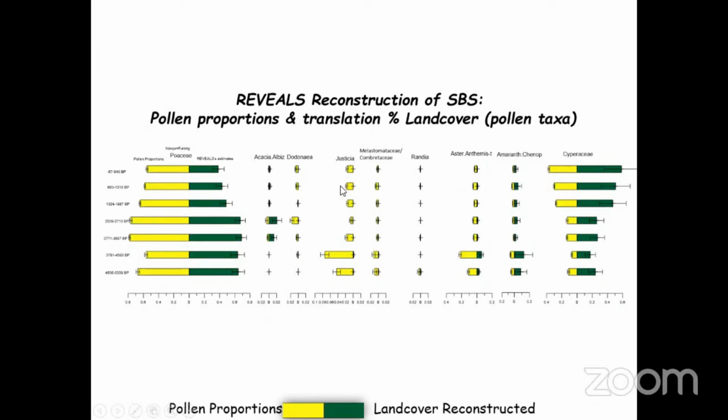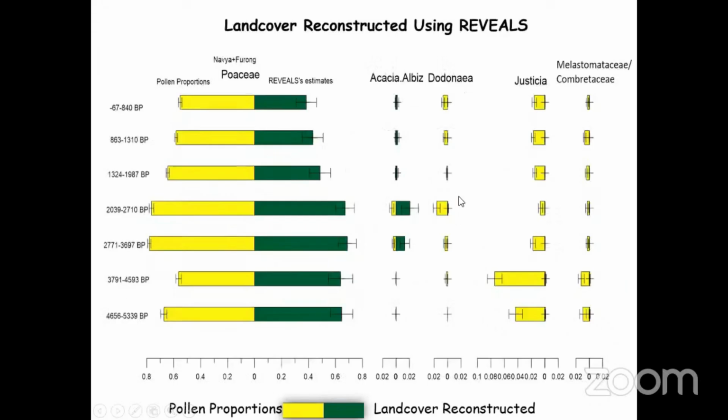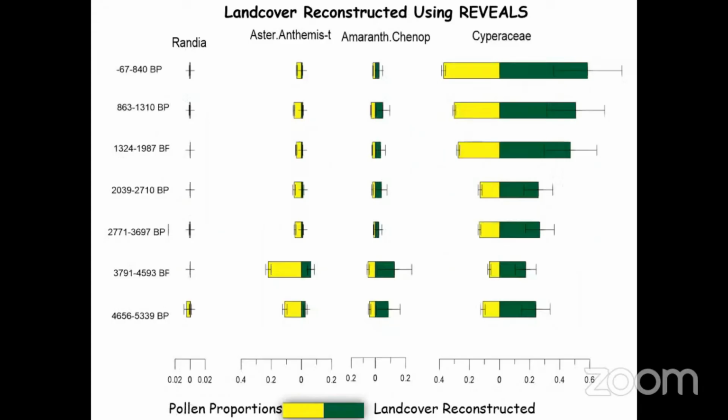On the other hand, you see that Justicia is almost always overrepresented. And you also have another example, Amaranthaceae, which is again underrepresented. So this is what we mean. You actually get these values. These are actual estimates of the actual land cover as opposed to just the pollen percentage diagram.